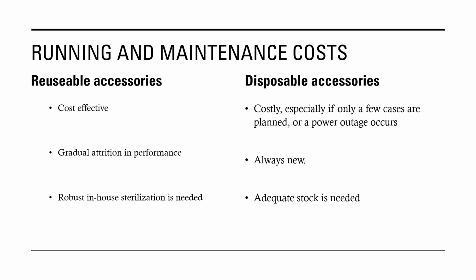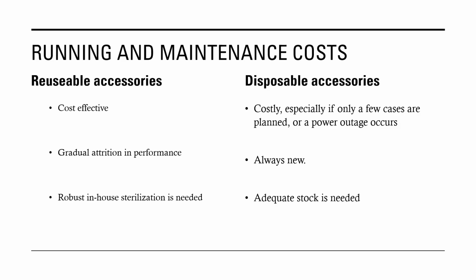Reusable accessories are cost effective because they can be reused by sterilizing them, and disposable will be costly because even if you can run them for a day, the next day you will need some more consumable, and more so if you have a power break, then at moments these machines are programmed to reject the existing accessory. So you may have to attach one disposable cassette or tubing when you have a power breakdown or the day ends.